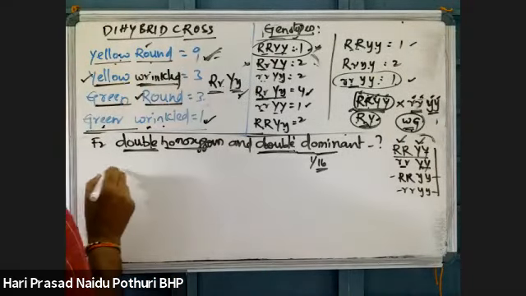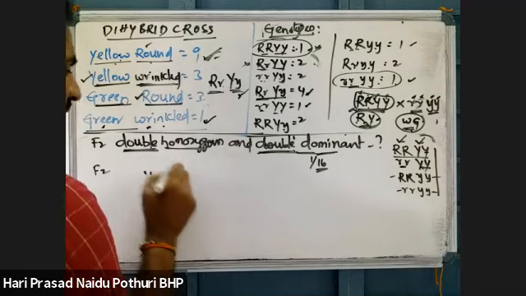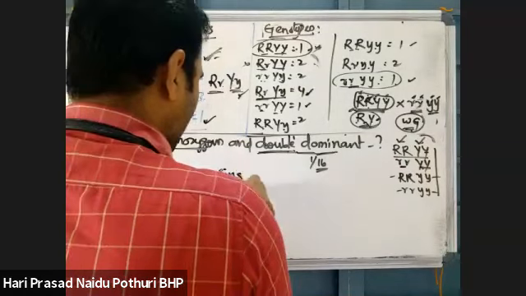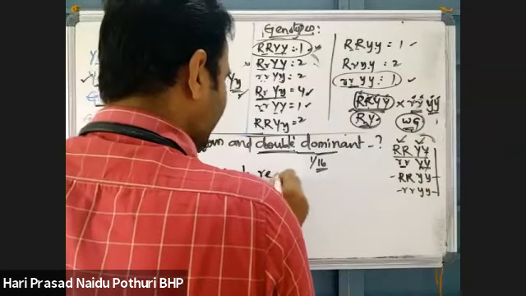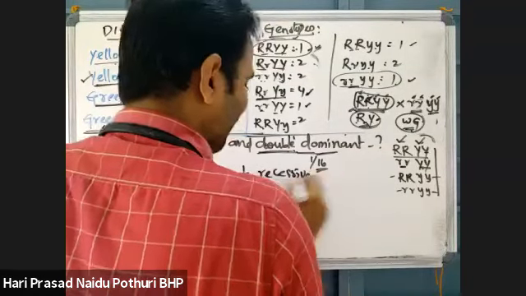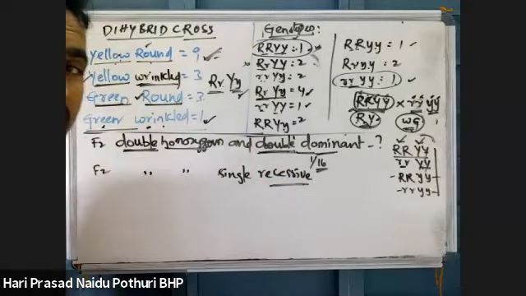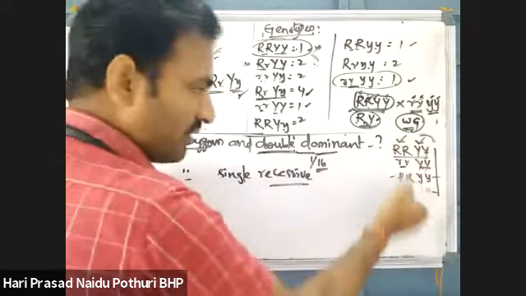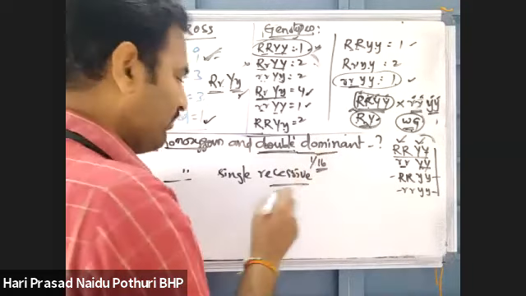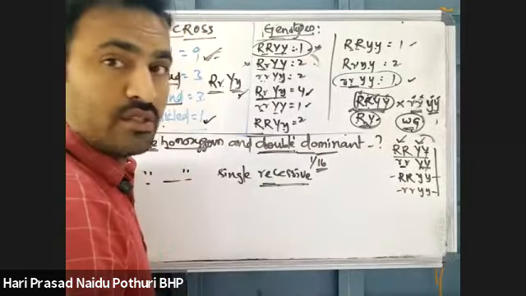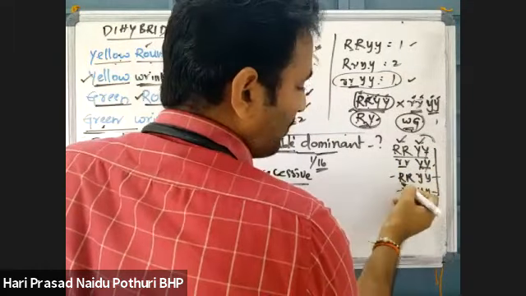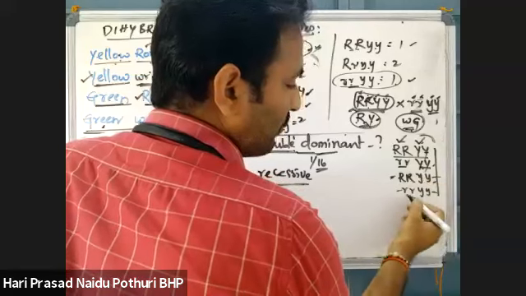Next question, F2, which is double homozygous and single recessive. Double homozygous means these 4. In them, single recessive means only one character is recessive. See here, this is recessive, this is dominant. This is dominant, this is recessive. Here both are recessive.